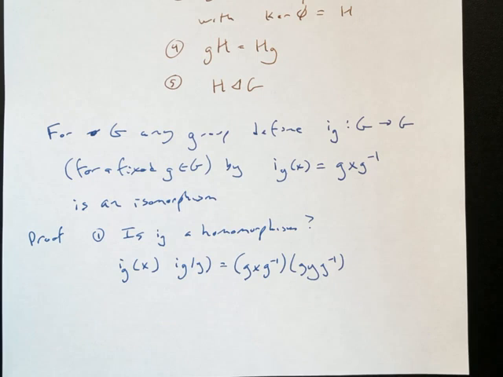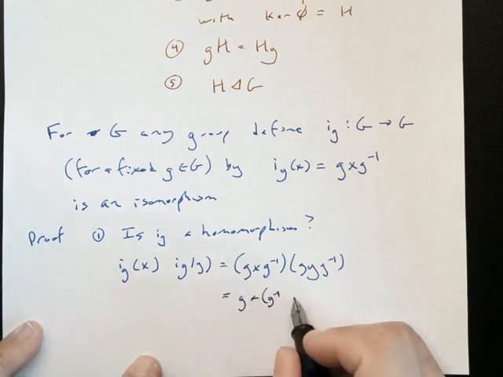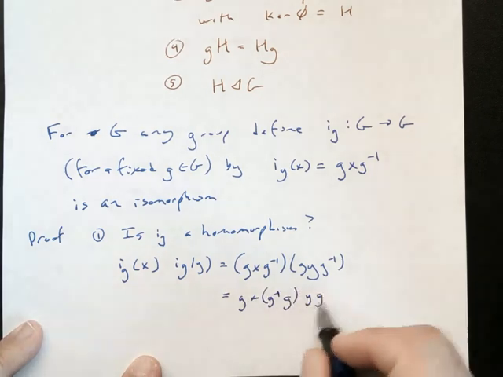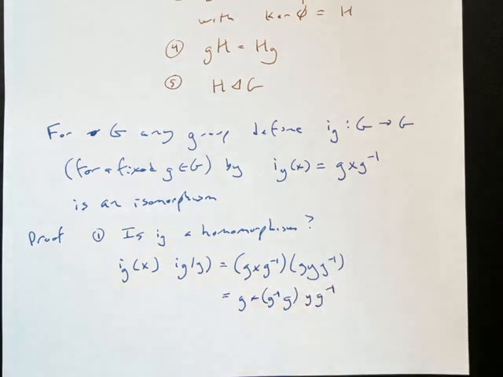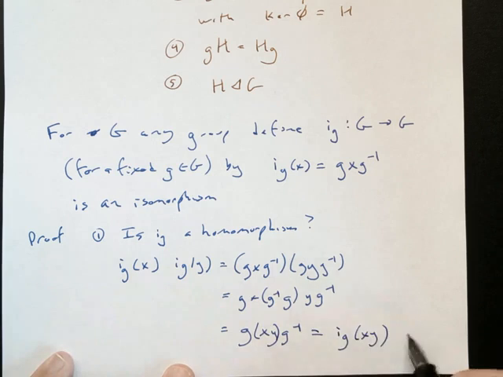And if I move my parentheses around, I can rearrange it to write GX, G inverse G, Y, G inverse. What happens in the middle? Poof. And then I get G, X, Y, G inverse. Where can I put the parentheses now? And that is exactly the definition of IG of XY. It's a homomorphism.